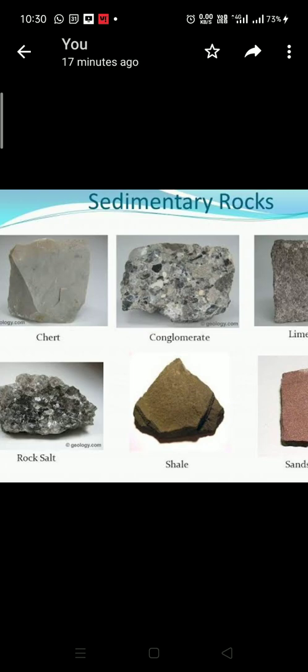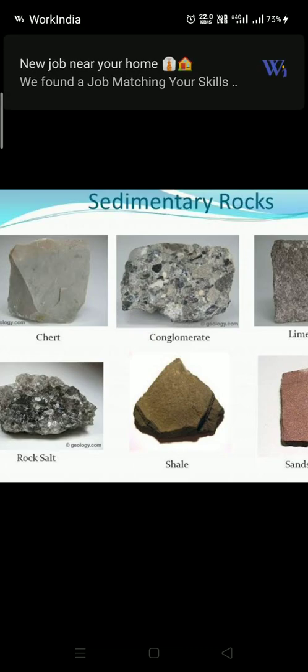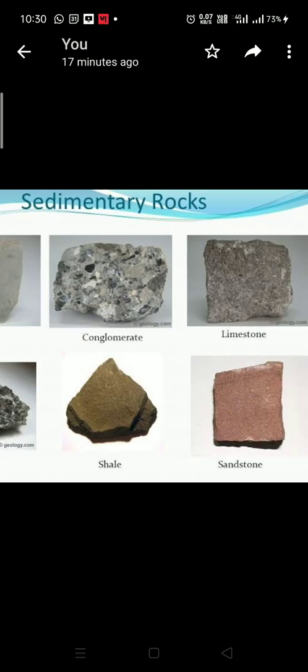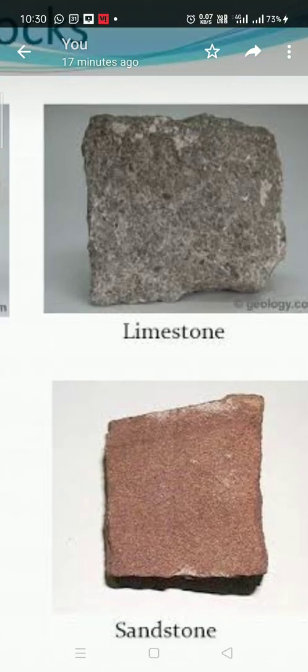You know, kids, some of the rocks we use in our kitchen for eating purposes. So this is all about sedimentary rocks. Examples of sedimentary rocks are rock salt, limestone, sandstone. And these are very soft. We can easily break them.